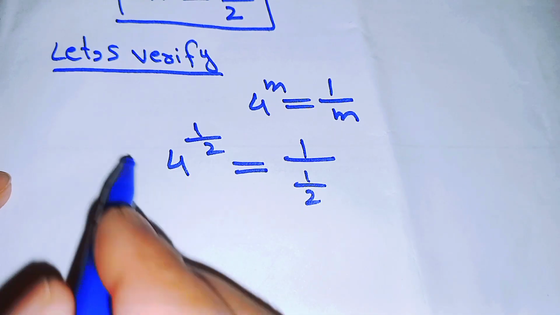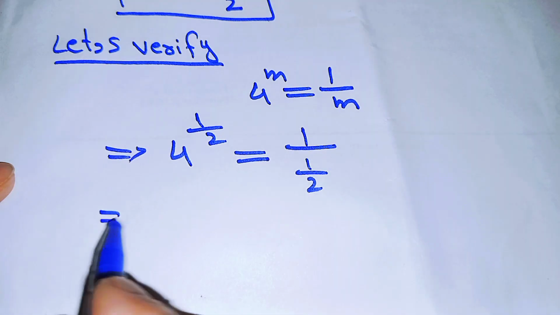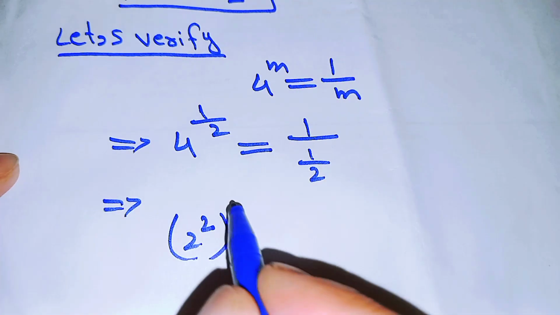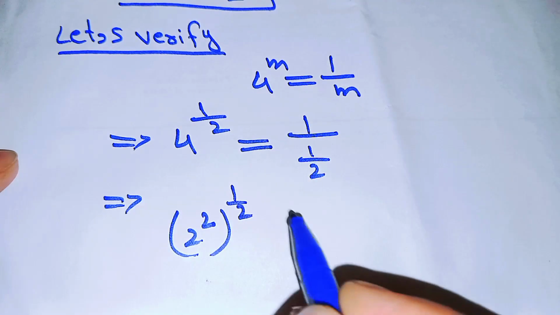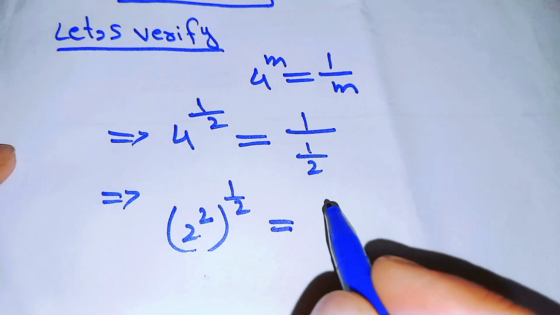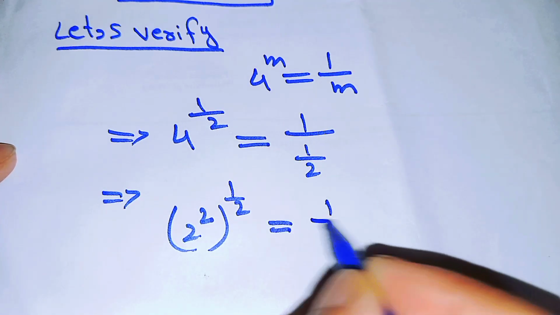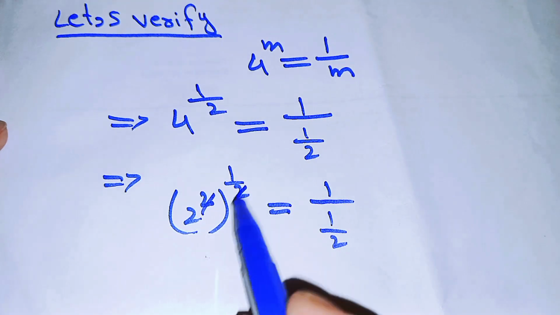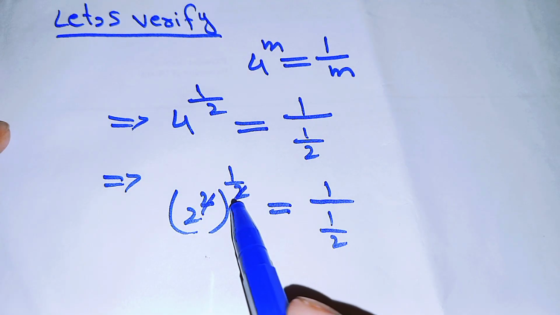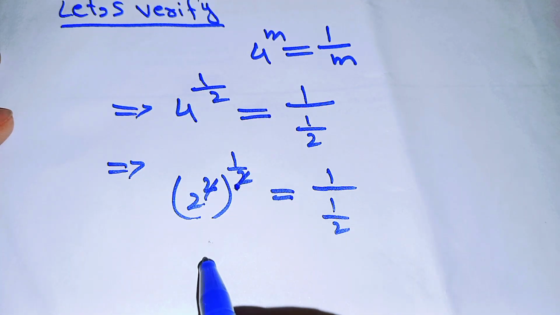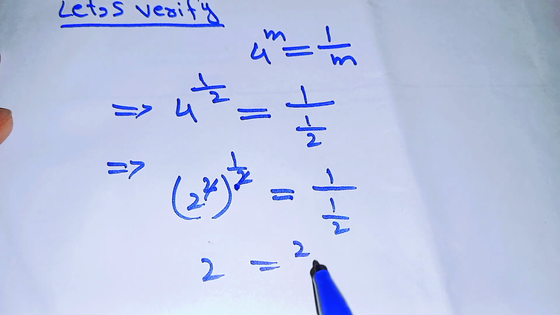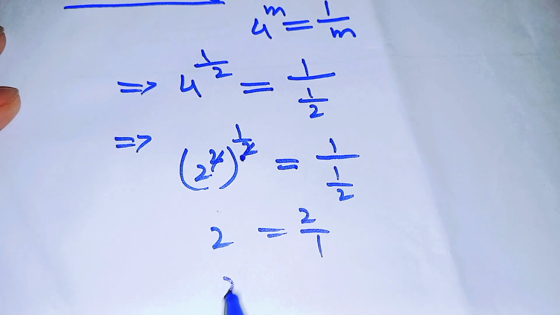Here 4 can be written as 2 squared, to the power of 1 over 2, is equal to 1 over 1 over 2. Now the 2 cancels out the 2 and what remains is 2, and 2 ones are 2, so 2 is equal to 2.